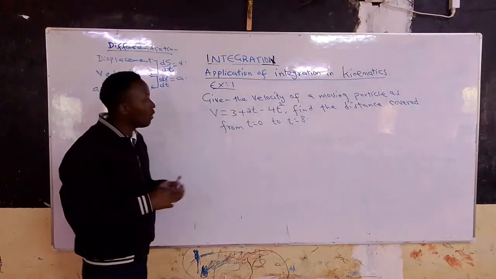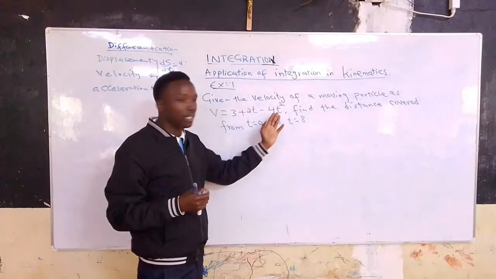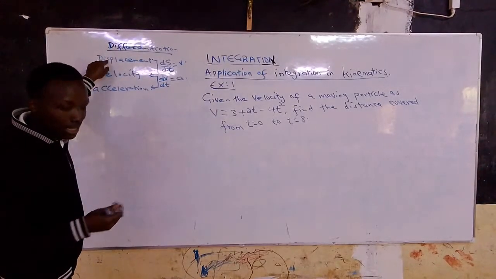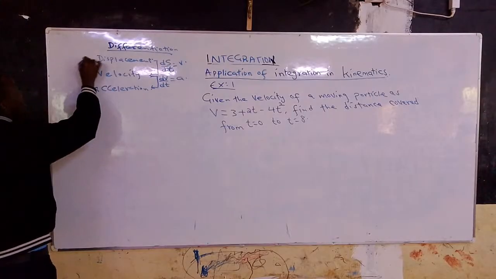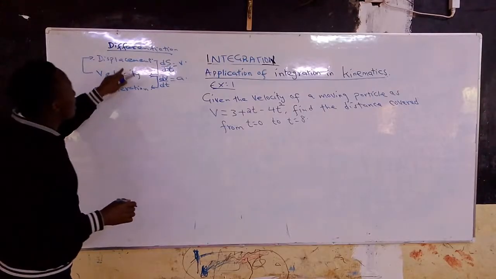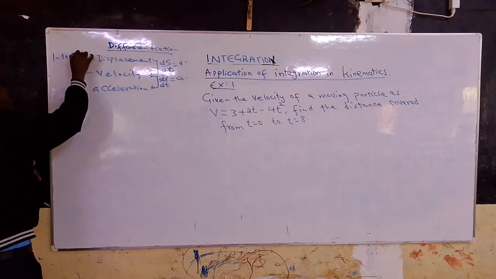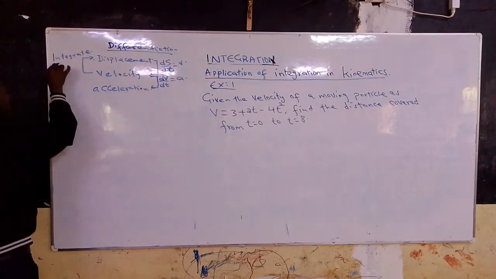But now, in our question, we have been given the equation for velocity, and we are supposed to determine the displacement or the distance. So, given the velocity, to determine the displacement, what we do is that we integrate.